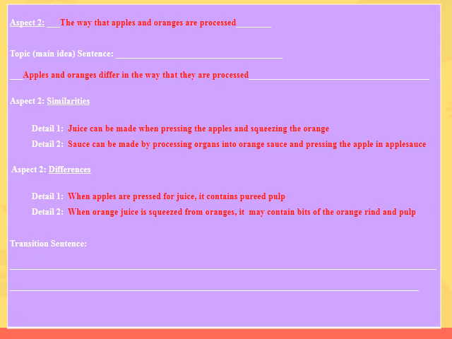And also, when orange juice is squeezed from oranges, it contains bits of maybe rind, where with apples you don't get that when you press apples. So that is your third paragraph, and what you're going to be discussing.